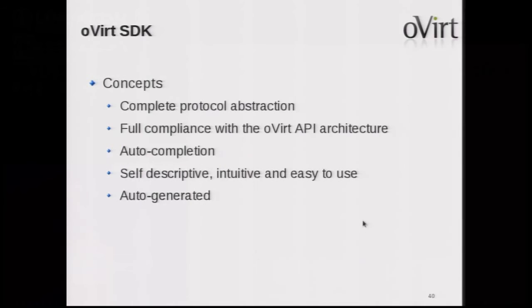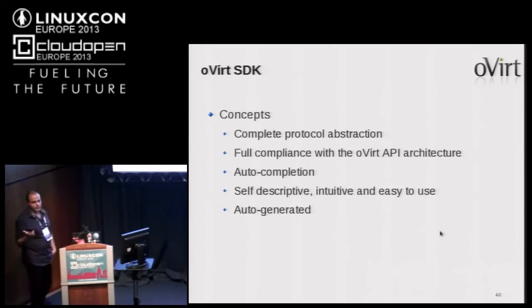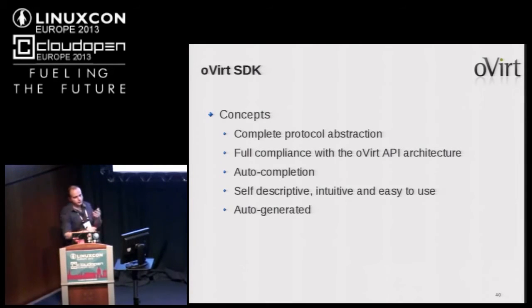So again, the concepts are to have a complete protocol abstraction, just like the CLI, just like the API, with full compliance with the oVirt API. Auto-completion is more a feature of your development environment, but you can use that. It's very intuitive to use.